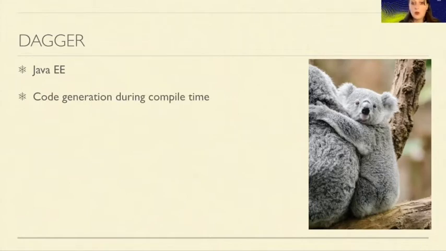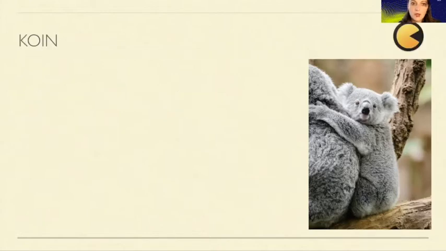So all the classes that you annotate will be generated during compile time. And then you have some compile options to speed that up, right? Because code generation means longer compilation times, but it's pretty tweakable. So you don't need to worry about this generation. But as I said, I don't know Dagger that much, so I will dive into Koin right now.